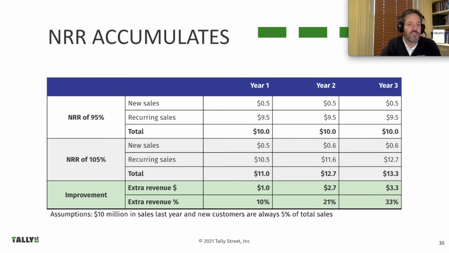So revenue retention went up 10%, and the total revenue was up 10%. But because that builds on itself and accumulates, when we go to year two and run through the same math, we see that they get an extra 21% in revenue, and in year three, an extra 33% in revenue above what they would have had previously.